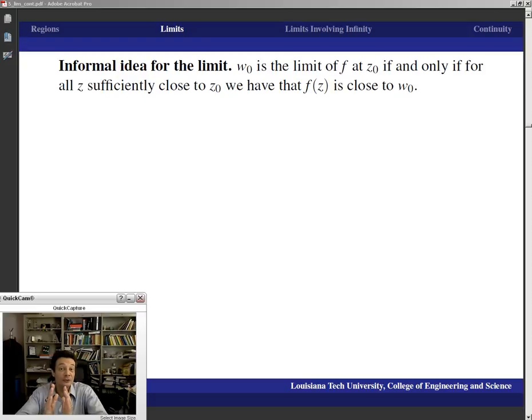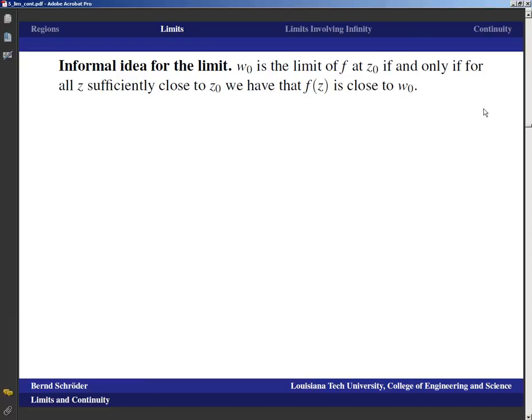Trust me, if you just work with it a bit and get used to it, it ultimately is not that bad to work with. At the beginning it's a bit of a shock maybe, but you've seen these things before. You've gone from algebra to calculus and from single variable calculus to multivariable calculus, and those are steps that are also not necessarily easy. So we'll walk our way through this here too.